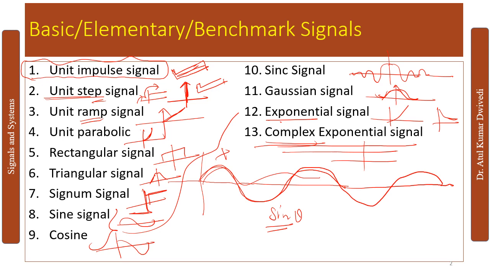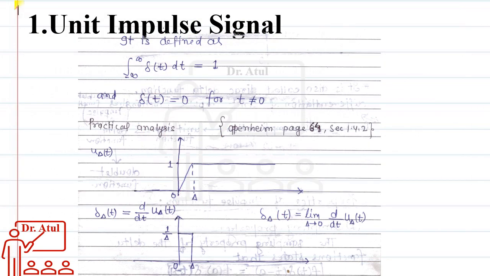First one is the unit impulse signal. Unit impulse is very difficult to define, because the value of the unit impulse at 0 is very difficult to find out. Therefore, instead of the value, it is defined by the area.